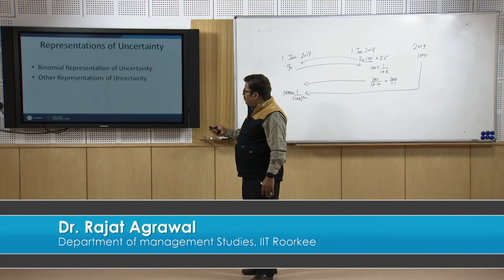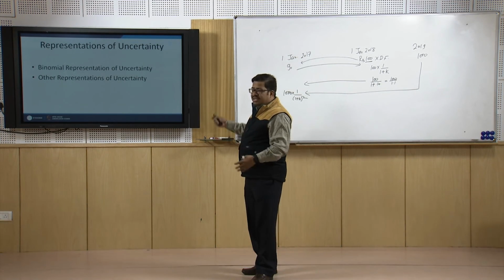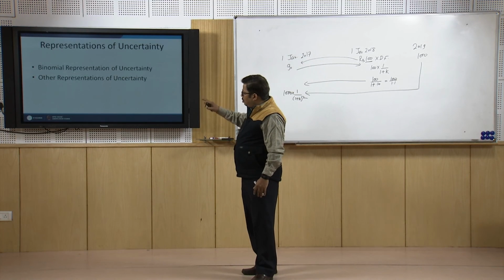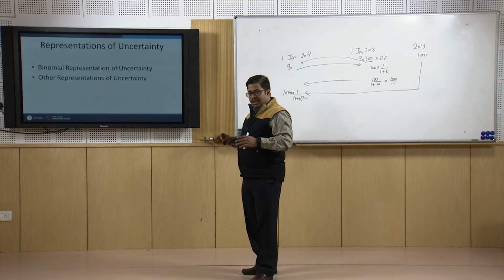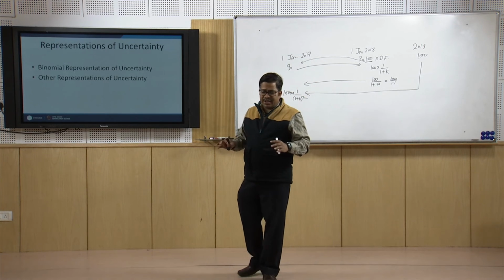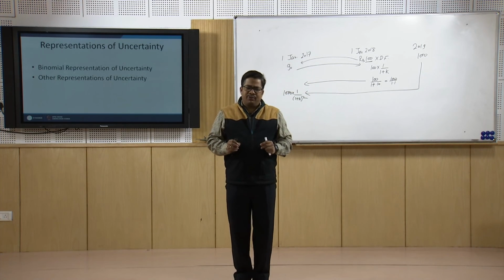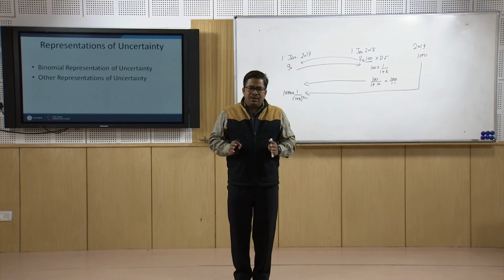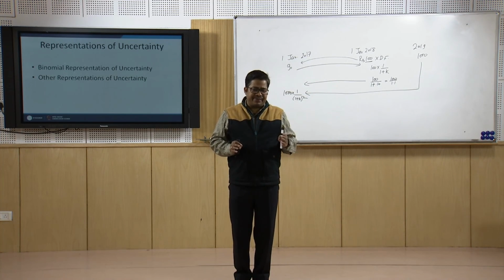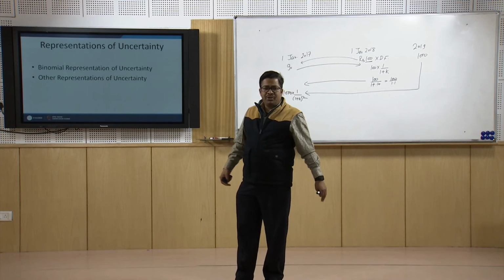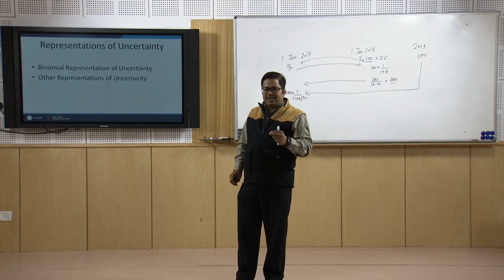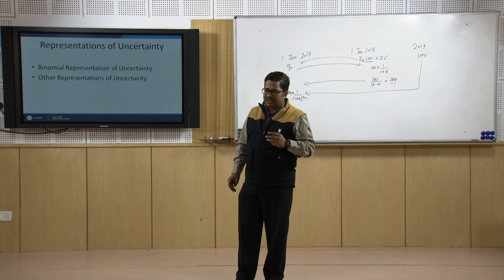But when we go for uncertainty, there are two types of representation of uncertainty that we will discuss in our next session. Here, without any kind of uncertainty, our discounted cash flow model is a very suitable model to take decisions about different supply chain alternatives. In our next session, we will see how we are going to build the element of uncertainty into network decisions. Thank you very much.